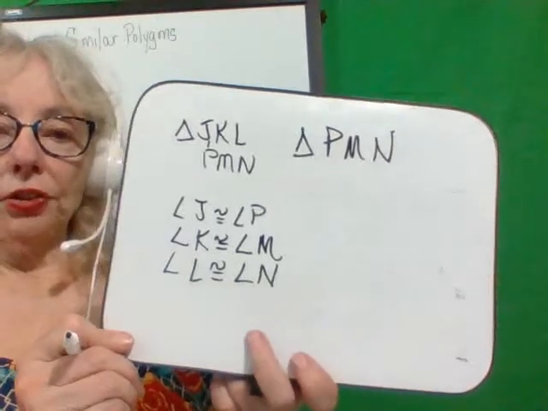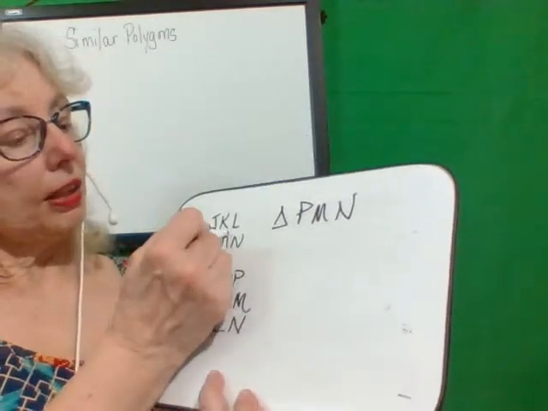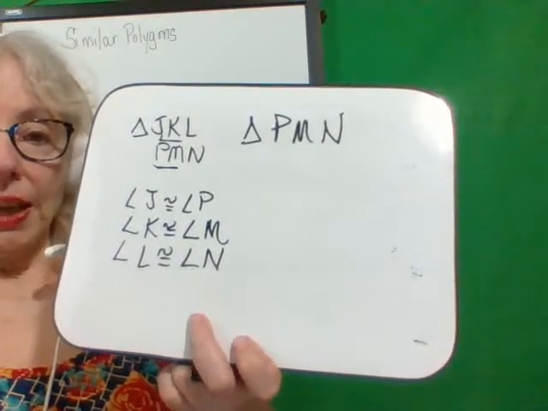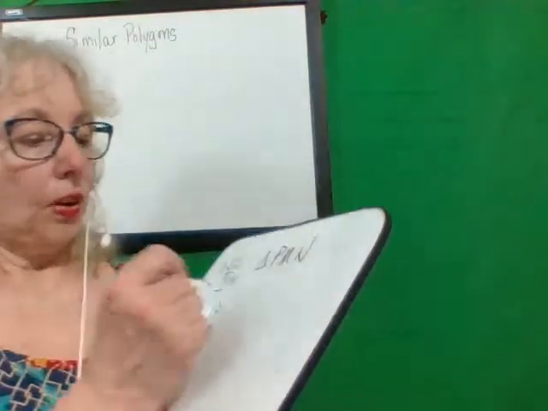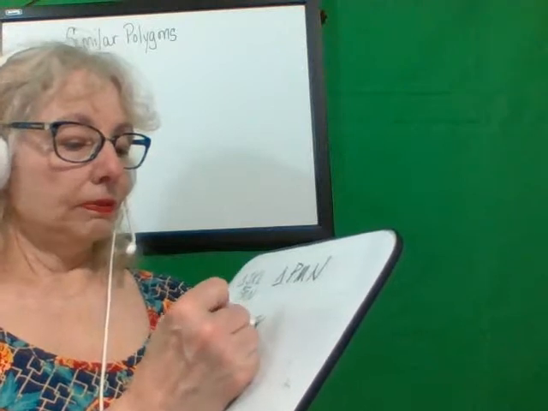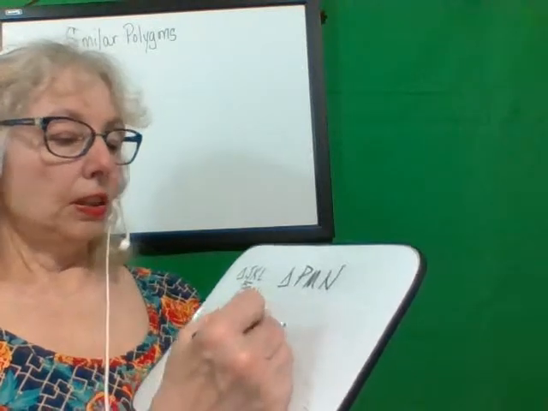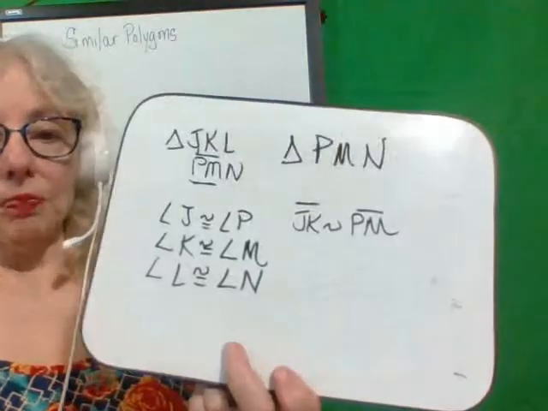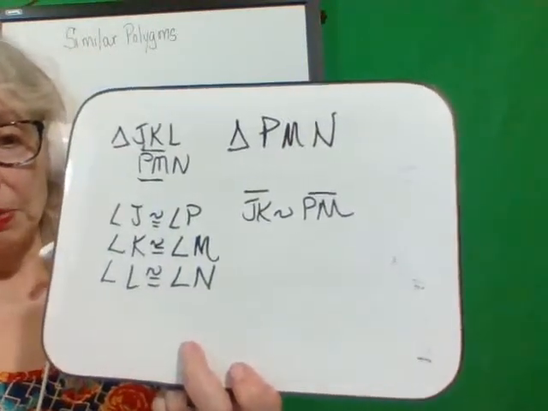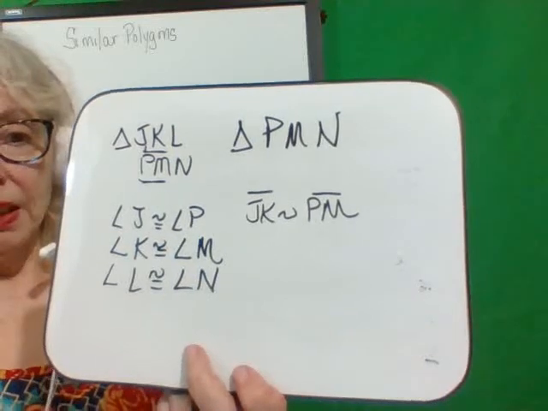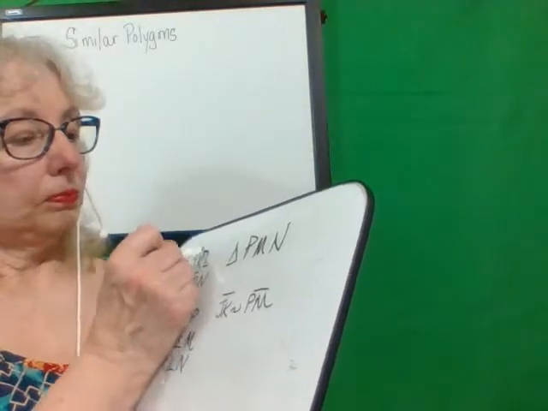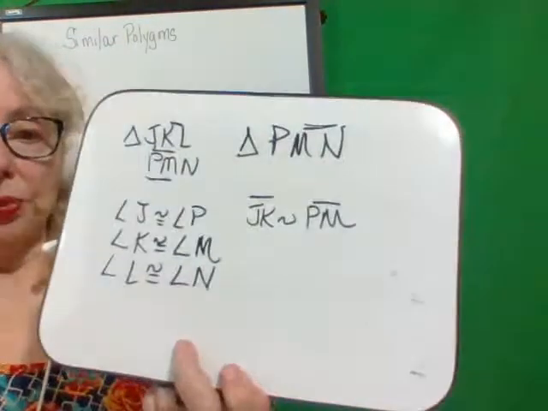Now let's match our sides. JK has to match with PM. They have to be proportional. So I would do that JK is similar to PM, making sure that I put my line segment over there to note so that people know I'm talking about a side. Then KL would match with MN.